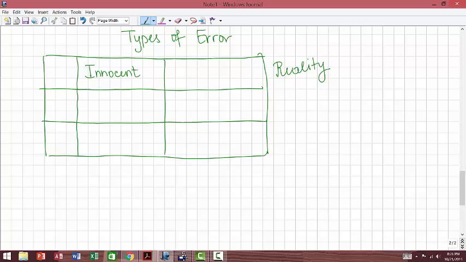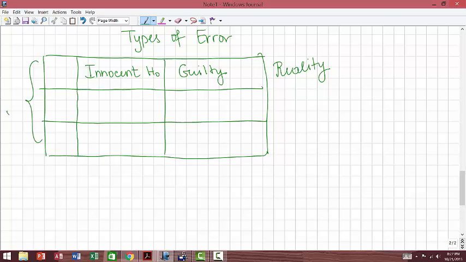This is equivalent to your null hypothesis. So this is your null hypothesis. By default, everybody is innocent. And then also could be guilty, right? We don't really know which one is true.